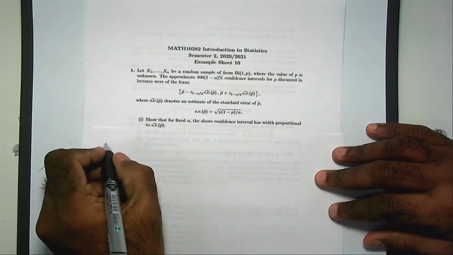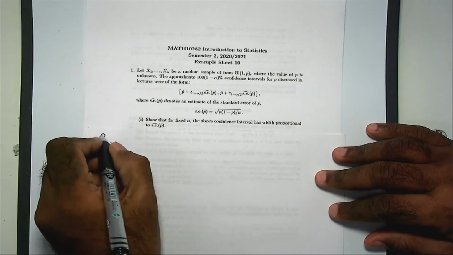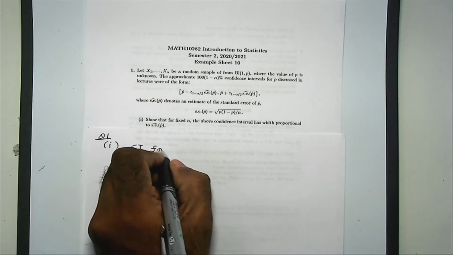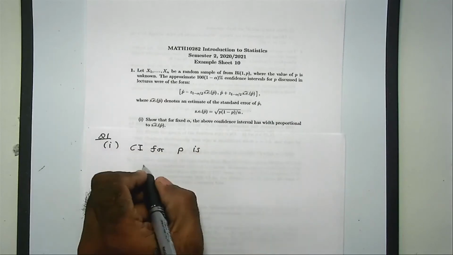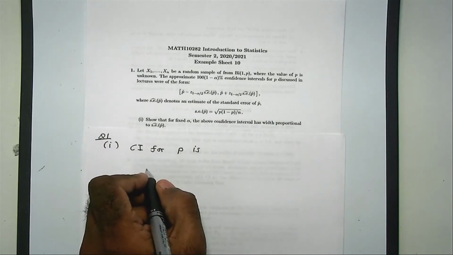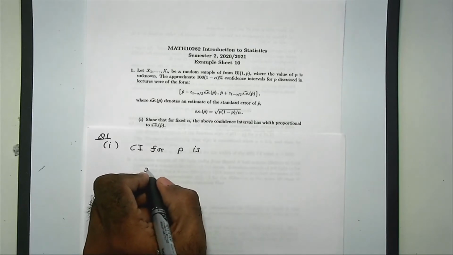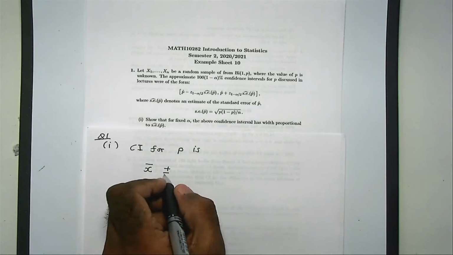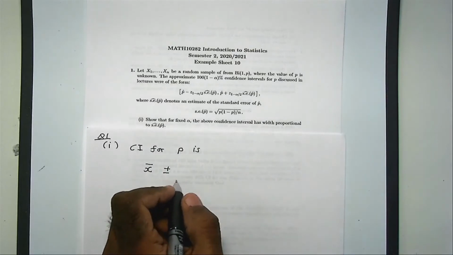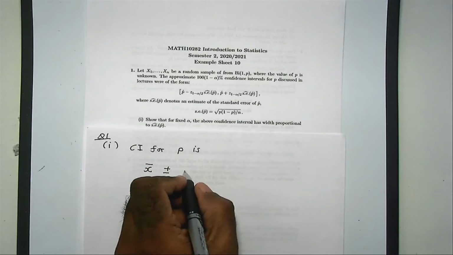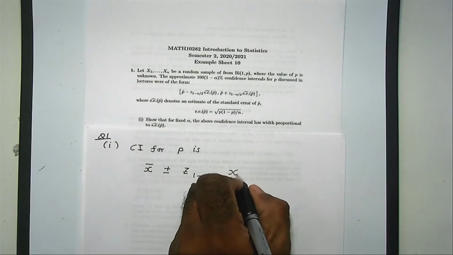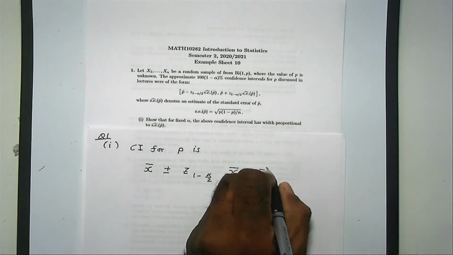The confidence interval for p is x bar, using the notation I used in my lectures and also in the video, x bar plus or minus z 1 minus alpha by 2, times the square root of x bar times 1 minus x bar divided by n.